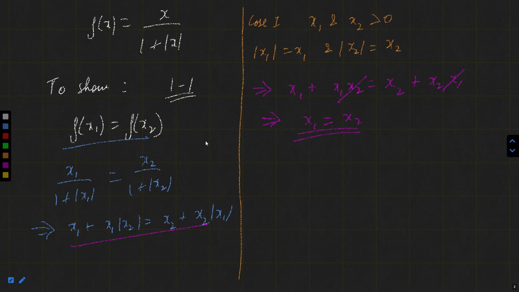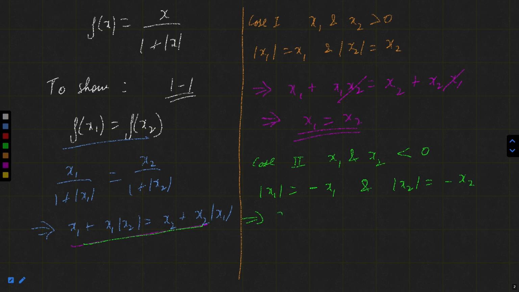What if case 2 occurs? Case 2 is x1 and x2 both negative. We know that whenever a negative x is inside the modulus function, the output will be minus of x. So mod x1 is minus x1, and mod x2 is minus x2.